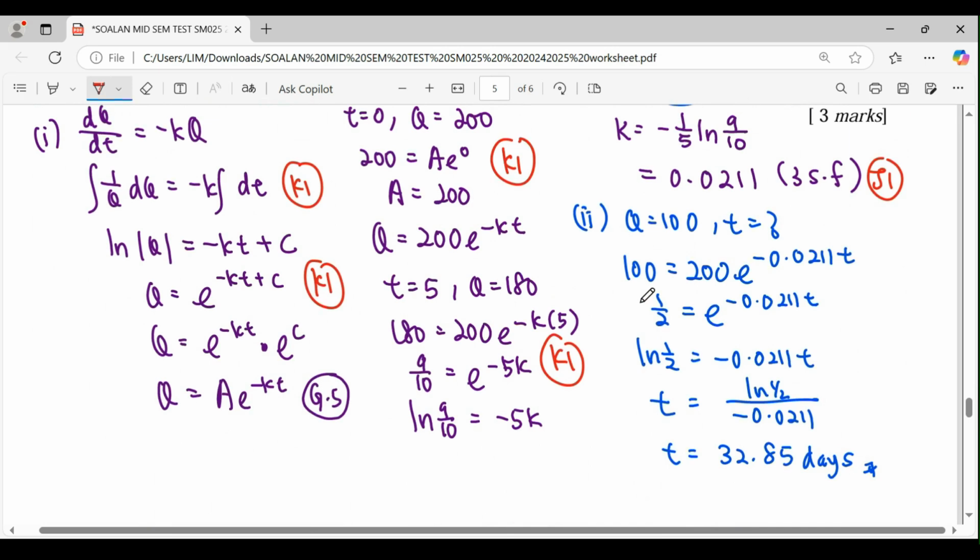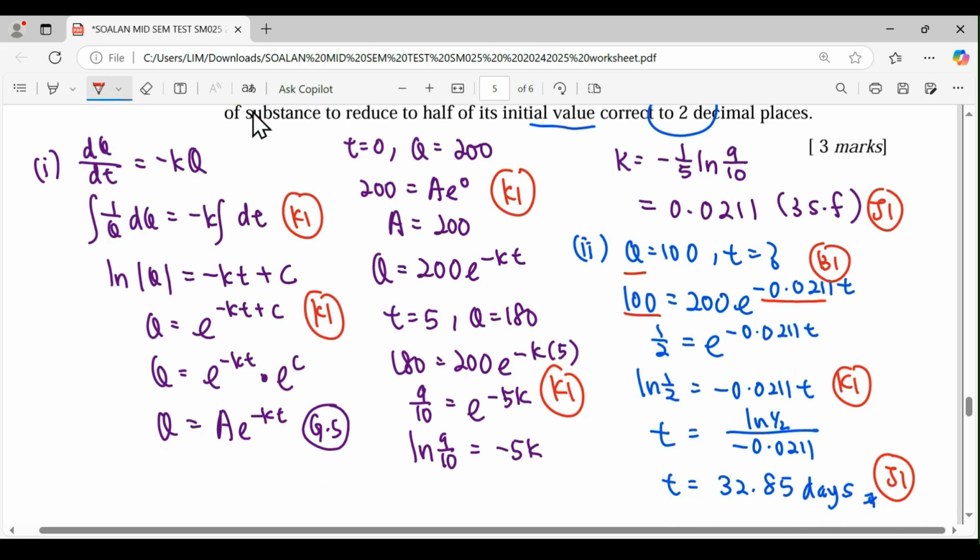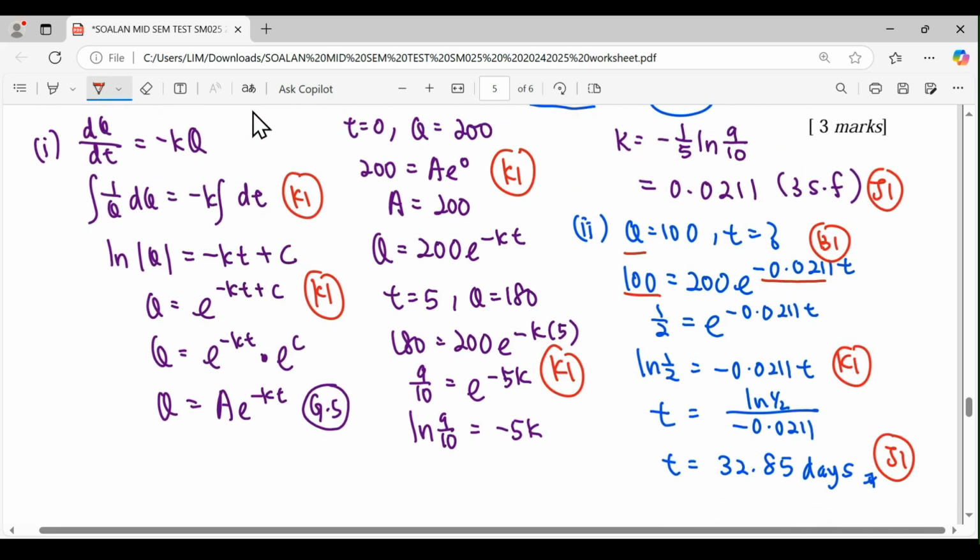Then for the second question, can you understand what's your half-life? Substitute your quantity to be 100 and simplify to find your time. Of course, you must use your k that you find from part 1, because the question already mentioned, hence means you need to use your result to answer the following part here. So that will be our 3b.